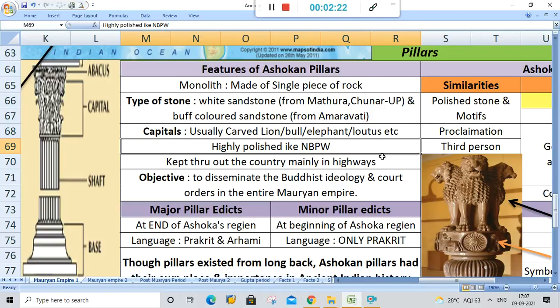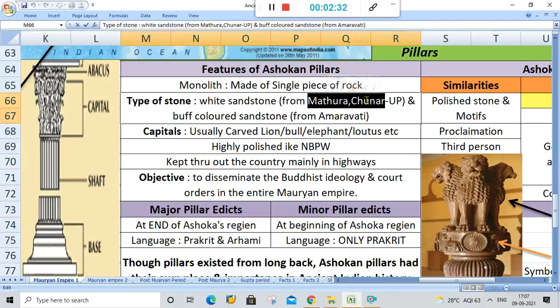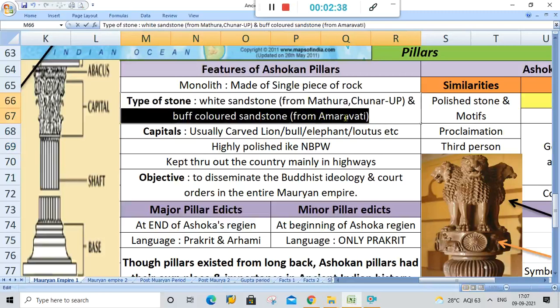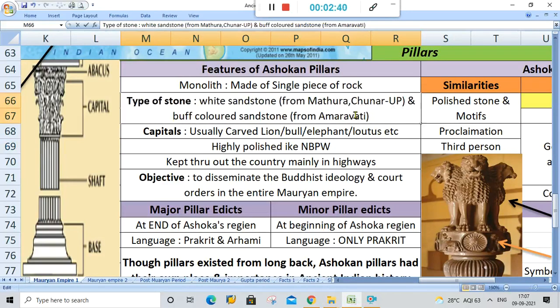The type of stone used in these Ashokan pillars is white sandstone, which was brought from Mathura and Chunar, which is in UP. Remember, white stone is from UP and buff colored sandstone is from Amaravati. Amaravati is in Andhra Pradesh. So white from UP, buff colored from Andhra Pradesh.